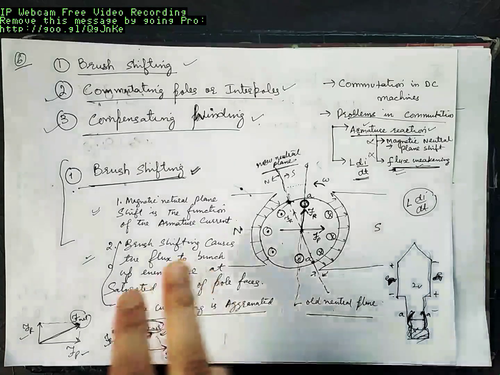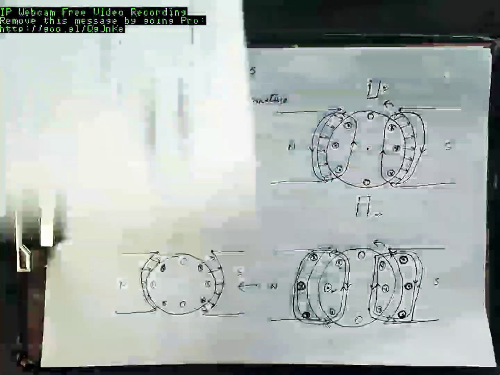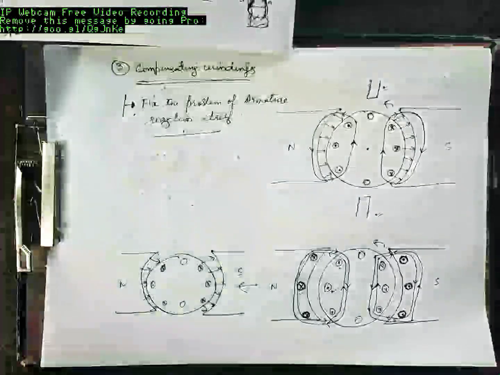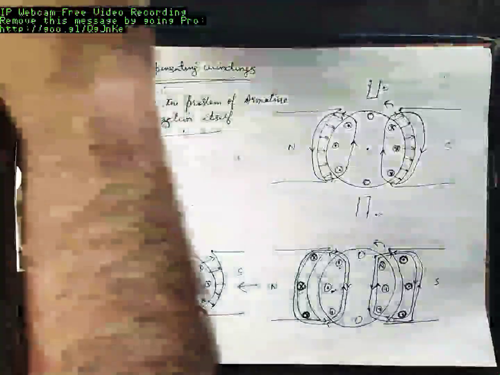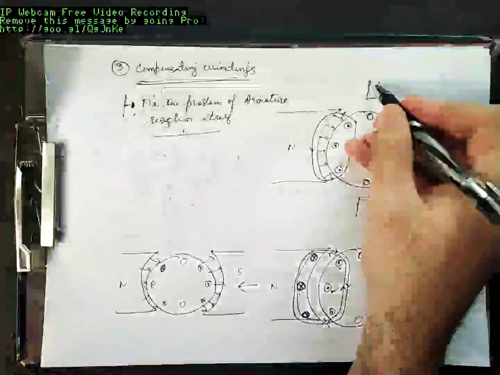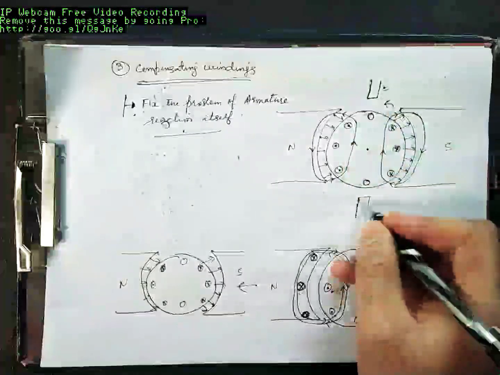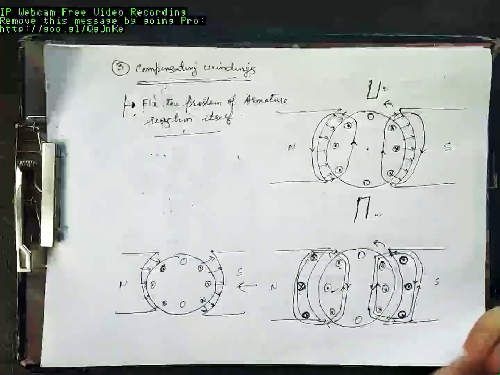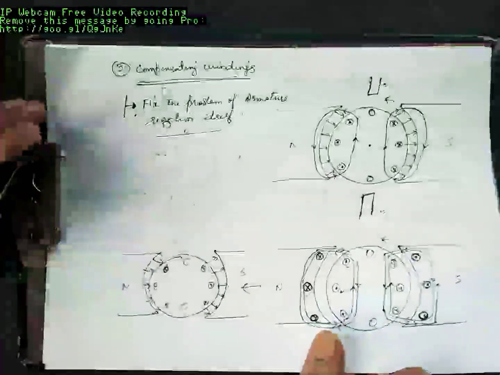These L di by dt voltages are effectively solved by using interpoles. Interpoles effectively solve the problem of L di by dt voltage.